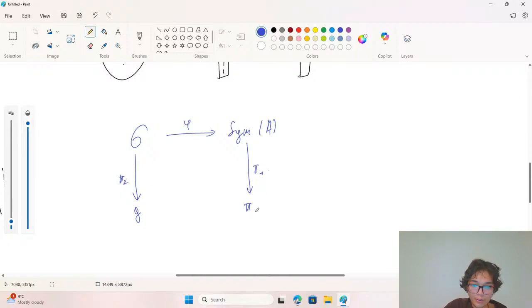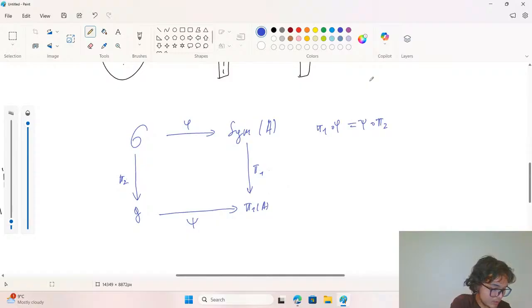And I consider the mapping psi. It must be a commutative diagram. By commutative I mean phi and P1 must be equal to P2 and psi, like this.